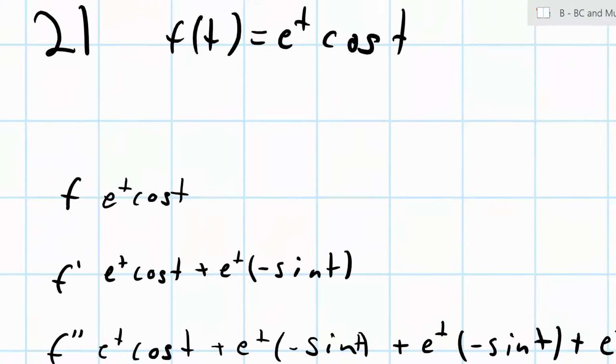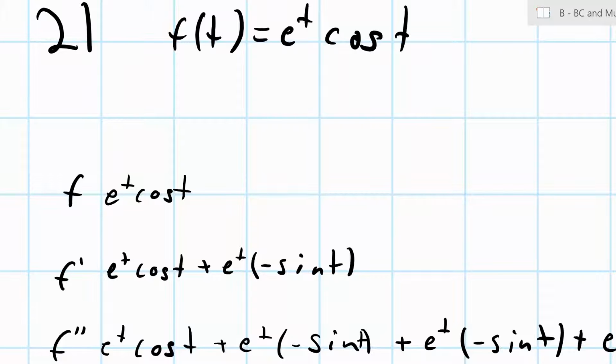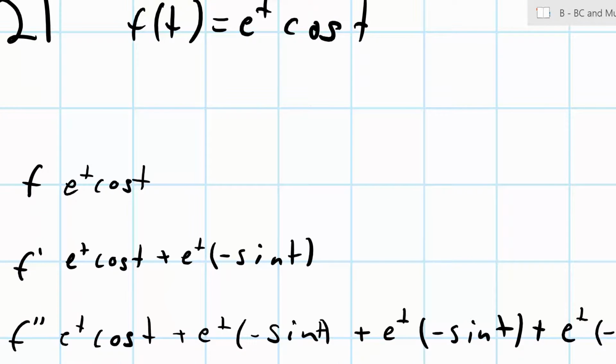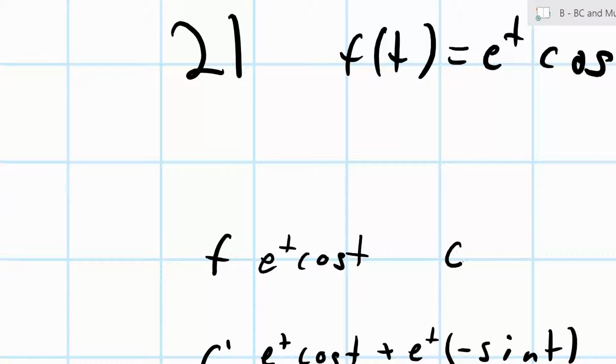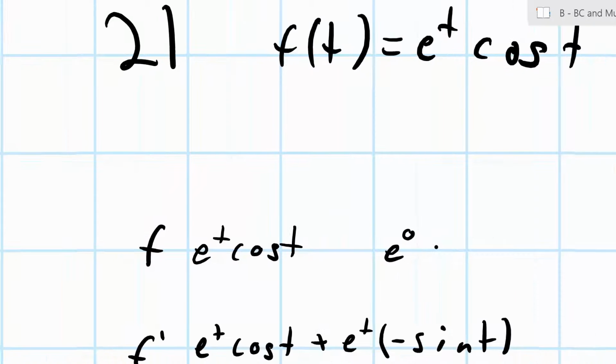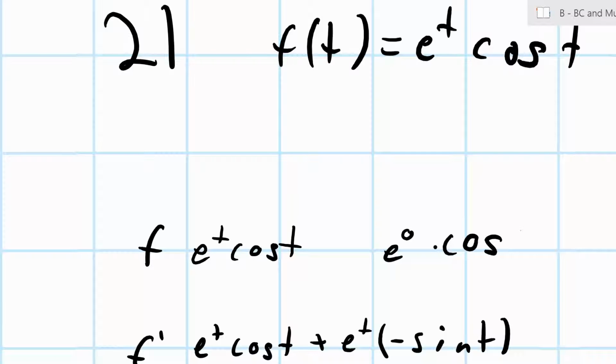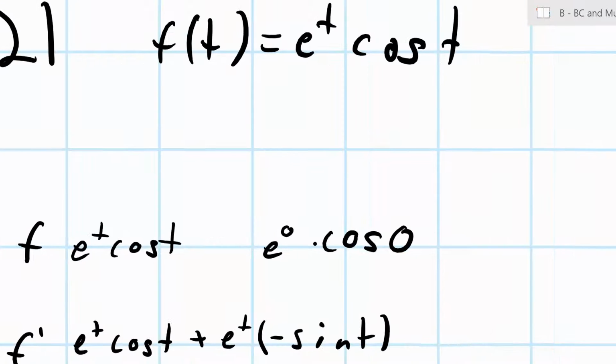So next, we have to evaluate each term at 0. So when this is 0, it's e to the 0 times cosine of 0, which is equal to 1, because those are both 1, so it's 1 times 1.